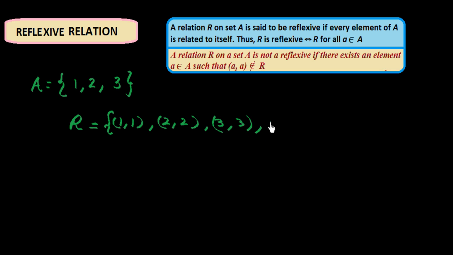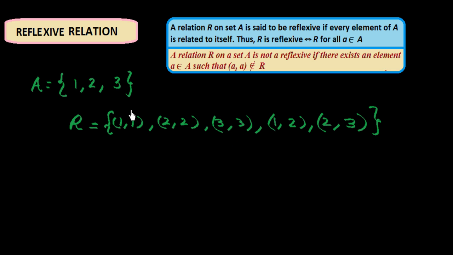There may be other elements also: (1, 2) may be there, (2, 3) may be there. This sort of set is called a reflexive relation. Some other elements may be involved in this relation, besides the identity pairs (1, 1), (2, 2), (3, 3).